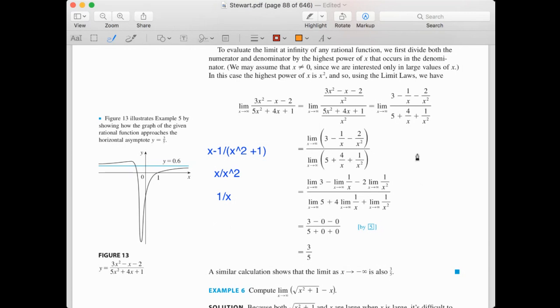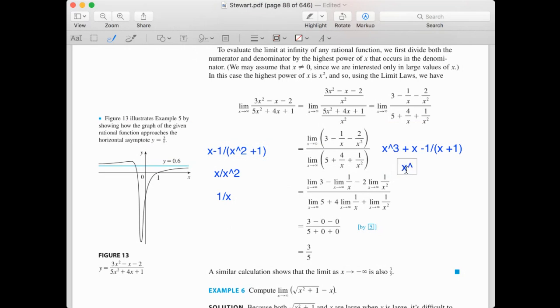Let's do another example. What if we have x cubed plus x minus 1 divided by the denominator, maybe x plus 1. In this case, let's ignore the lower terms.